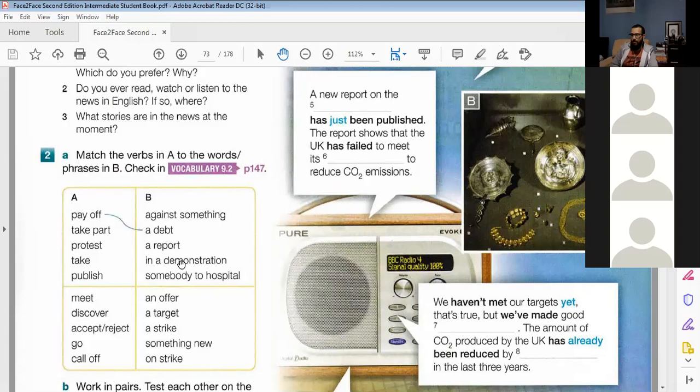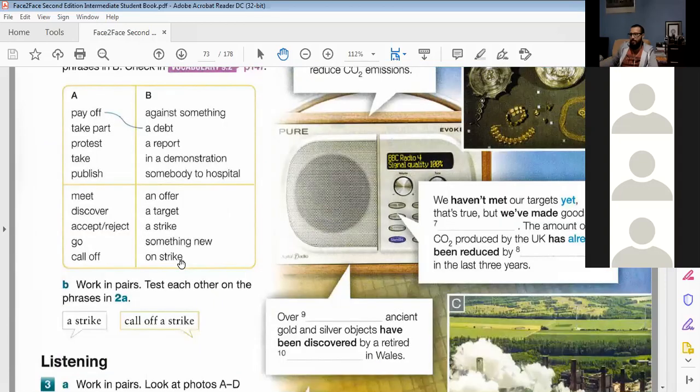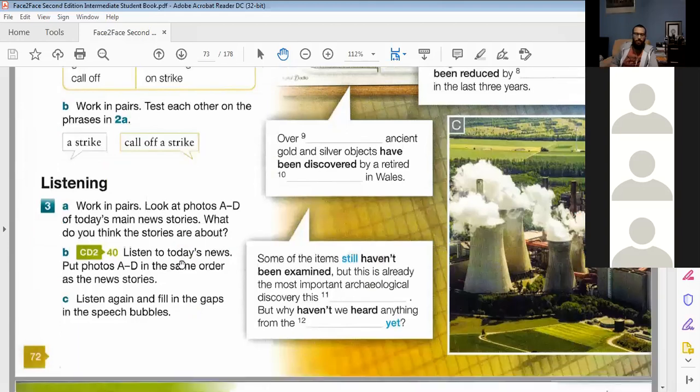Over 1,500 ancient gold and silver objects have been discovered by a retired teacher in Wales. 72-year-old Gareth Jones found the treasure 5 days ago while he was walking around his brother-in-law's farm with a metal detector. Experts say the find, which includes coins, swords and items of jewellery, dates back to the 7th century and could be worth over £10 million.